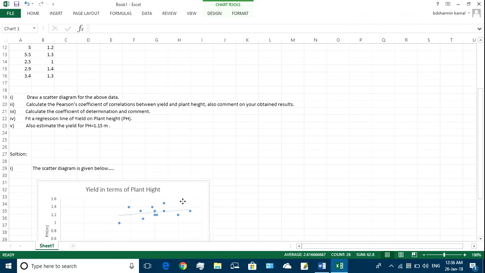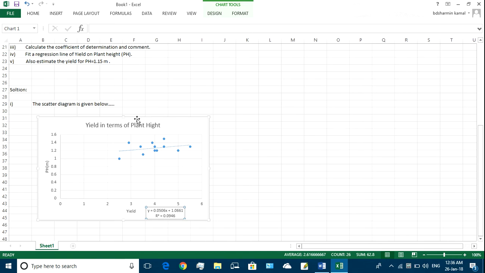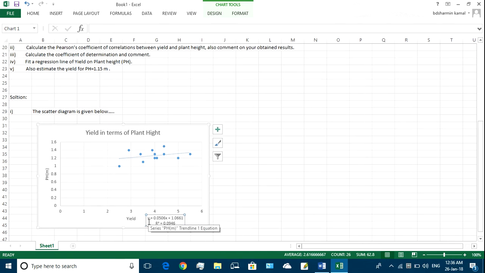But you can see that in question 4, they asked us to fit a regression line of yield on plant height. Have a look at our graph. Here y is plant height, not yield.